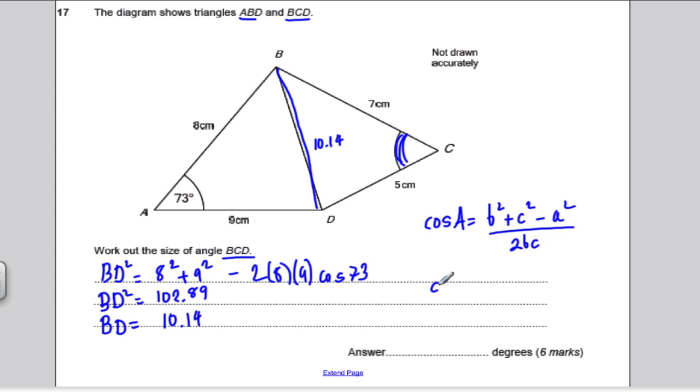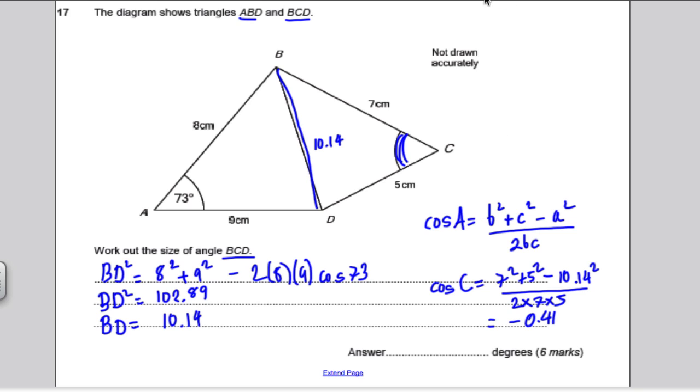So cos of this angle c, the angle we're looking for, must be 7 squared plus 5 squared minus 10.14 squared, all divided by 2 times 7 times 5. So working that out, we get that cos c is equal to minus 0.41.